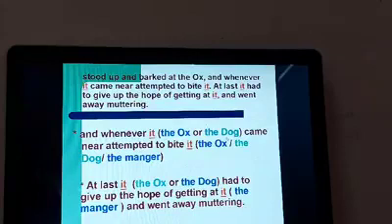Both expressions are correct, but whenever you are writing something, you have to write the meaningful expression. You have to write whether the ox or the dog. If you are writing the ox in your answer, the other expression will be changed. If we are using the term the dog, the other expression will not remain the same.